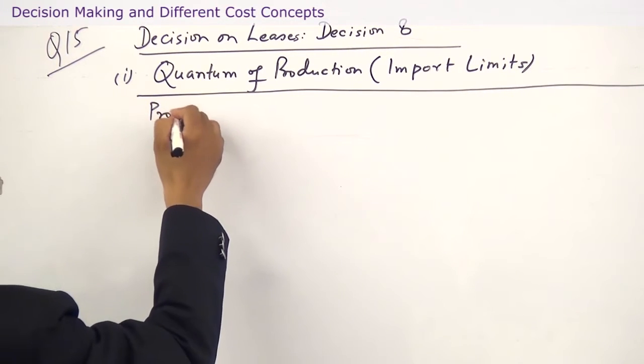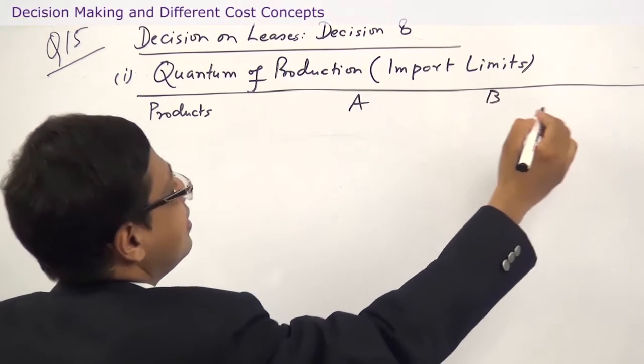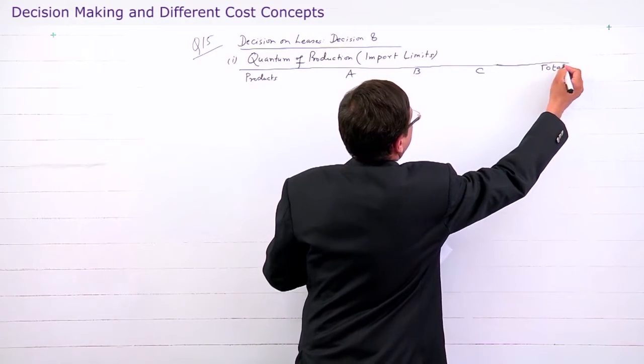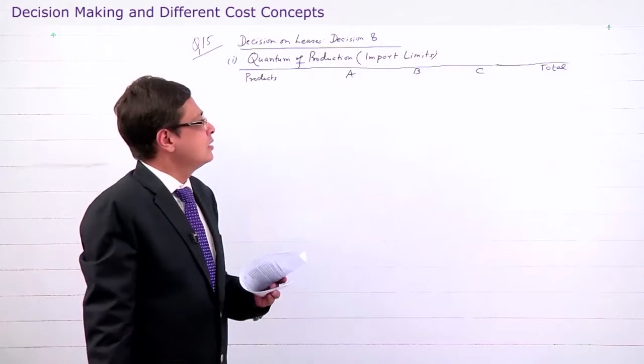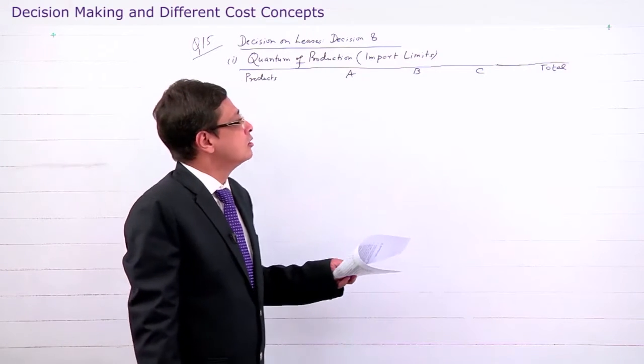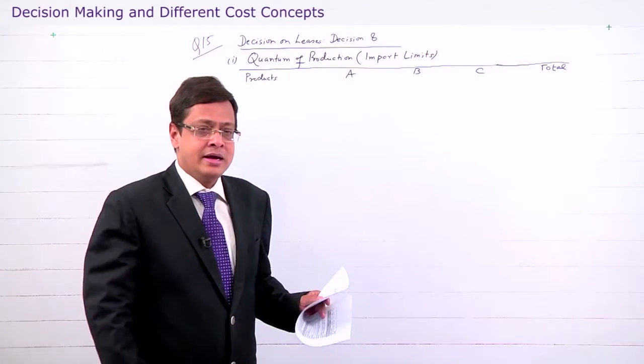So you have products A, B, C and create one column for total. Always in the examination, when you have multiple products, keep one separate column for total, even if it is required or not required, right?